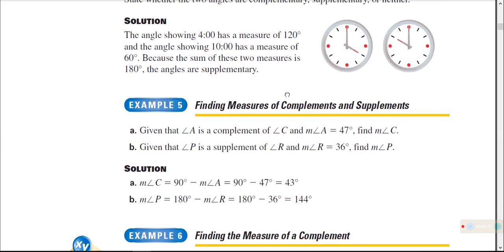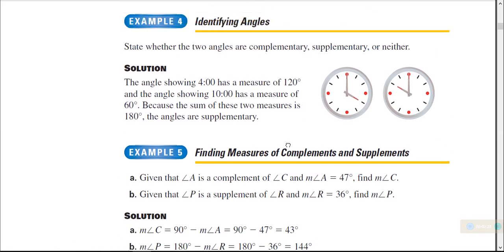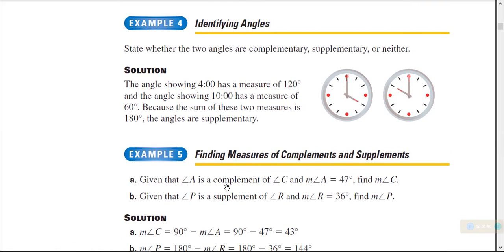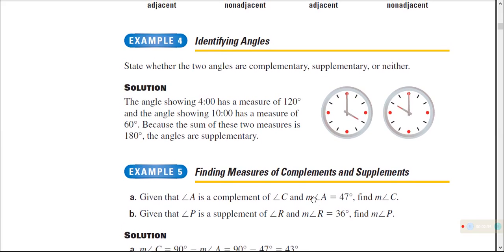Okay? Now let's go to example number 5. So given that A is a complement of angle C and measurement of angle A is 47, find the measurement of C. So all we have to do to get the complement is to subtract 47 from 90. So alam natin na complementary sila, so their sum should be 90 degrees.